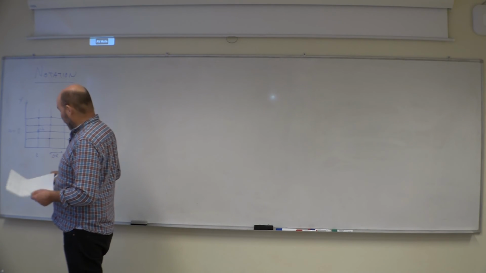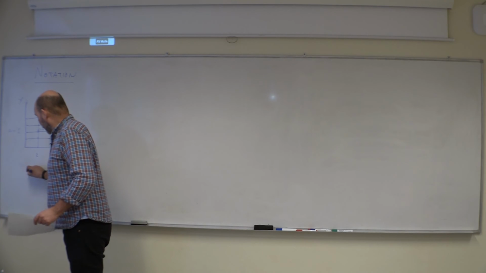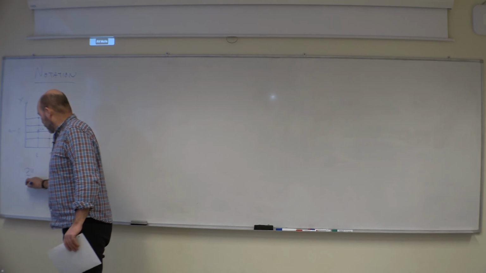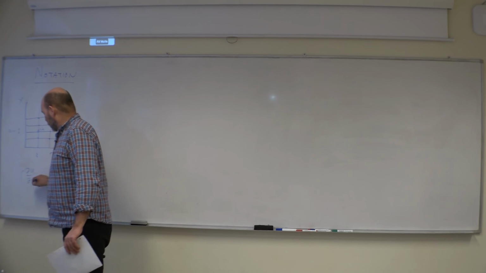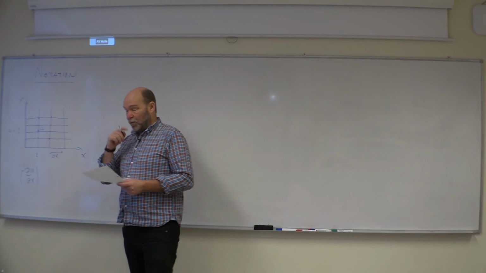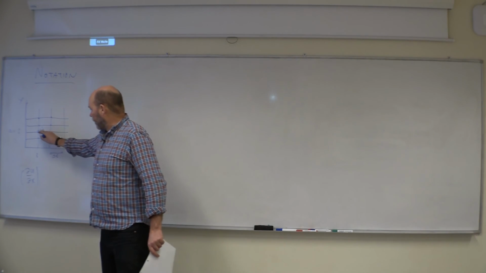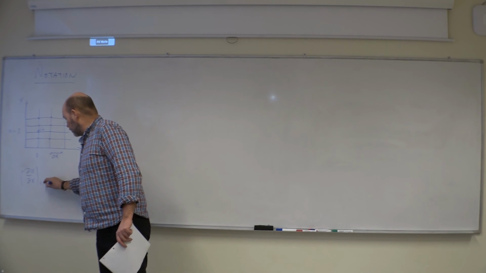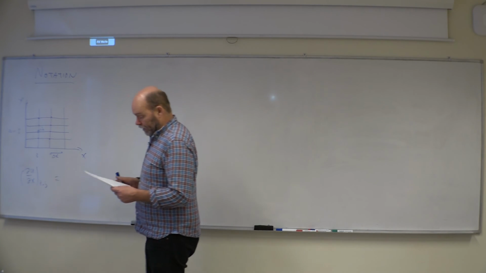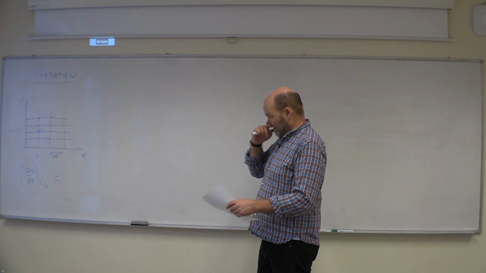So if I now want to have something like the x derivative at what point? Say point i, j. How will I write this one?